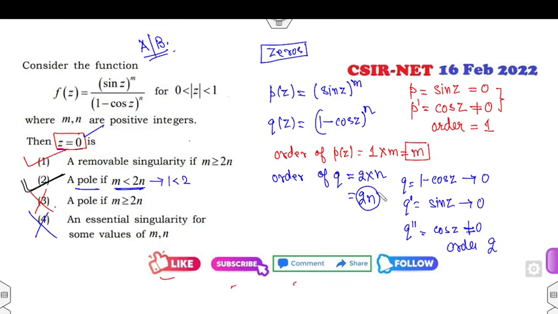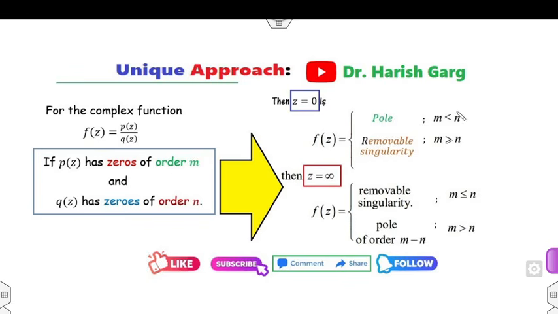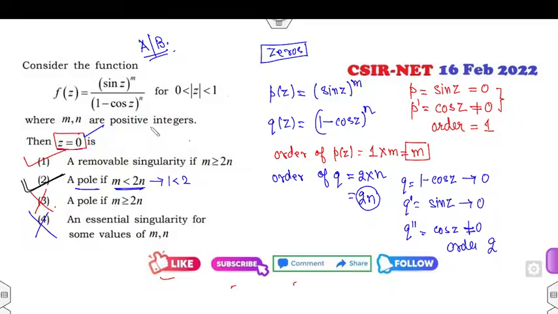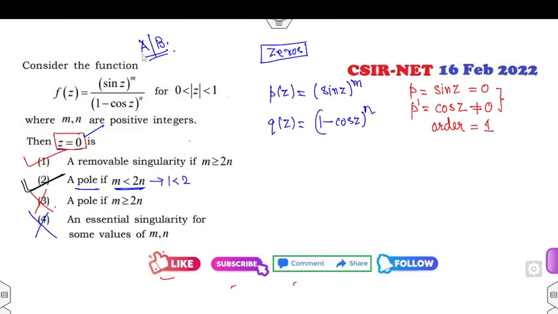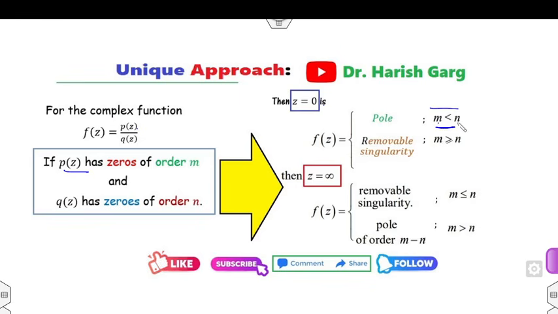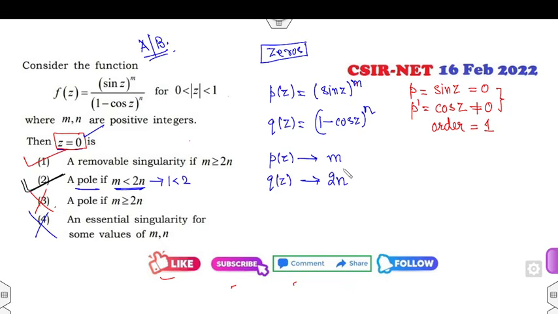Now your target is to analyze z is equal to 0. So what is the shortcut trick? M is the order of the zeros of the numerator, and the order of the denominator is 2n. Whenever m is less than 2n, we call it a pole.